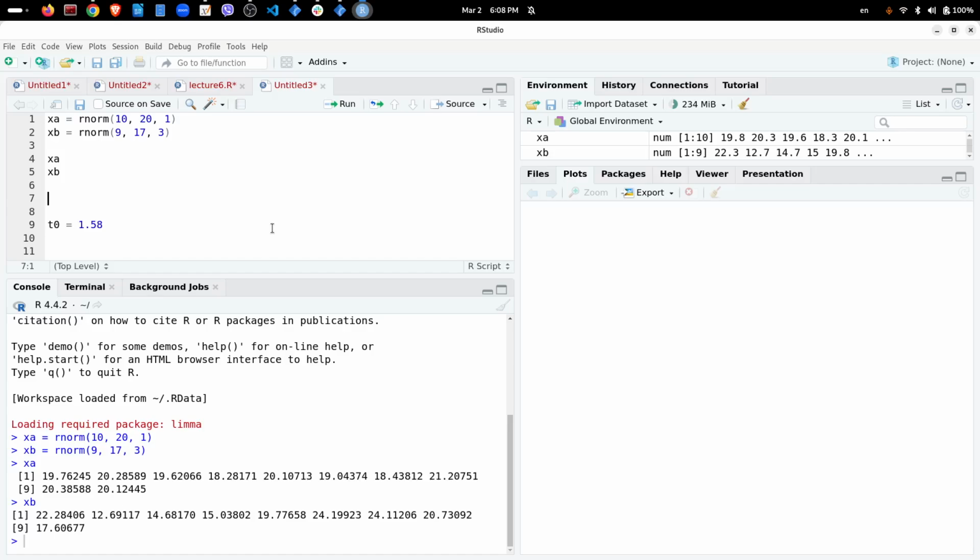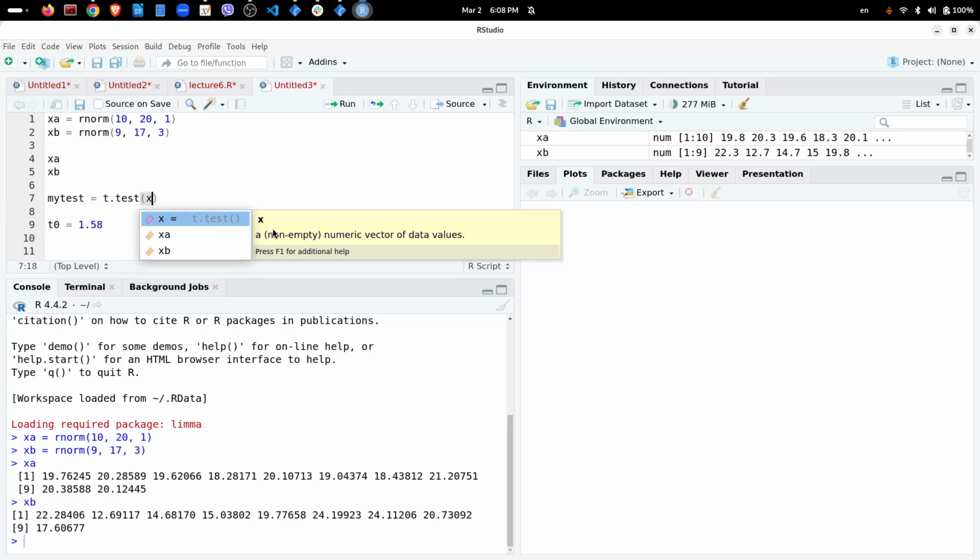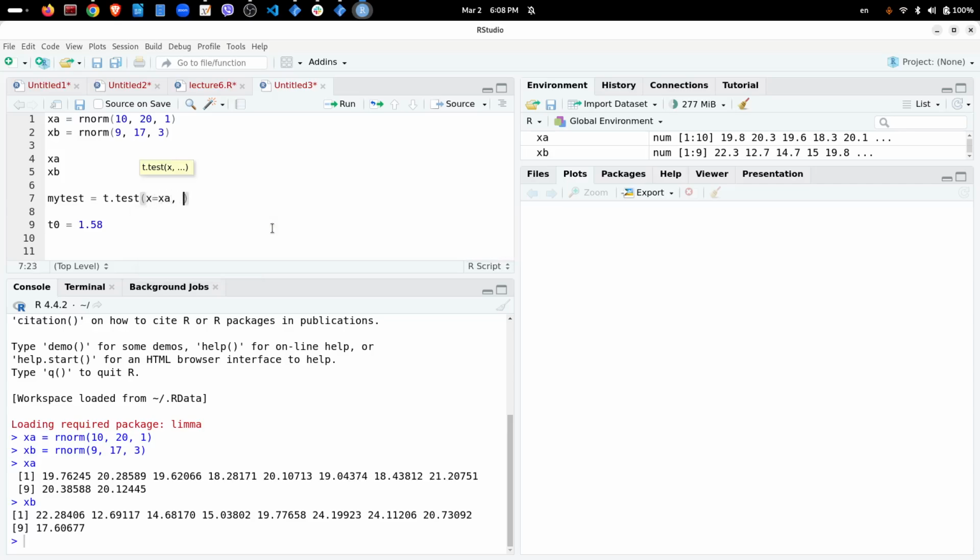It's very easy in R. I will use a function, my test, and then it will be t.test, how is it? Yeah, t.test x equals to xa, y equals to xb. I just care about the t-statistic itself, so I don't want to make a test here, so I will use t-statistic.